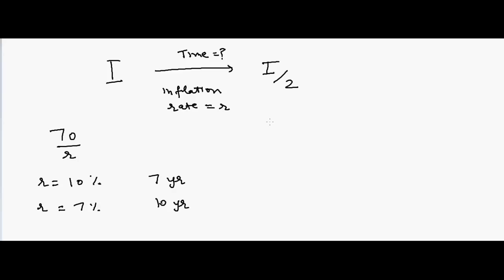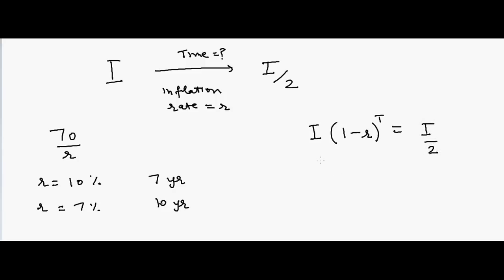Let's try to solve the same problem with a general approach. We have an investment I, and we have inflation, so we say I times (1 minus r) to the power t, where t is the time period, compounded every year, and that should be equal to I divided by 2.